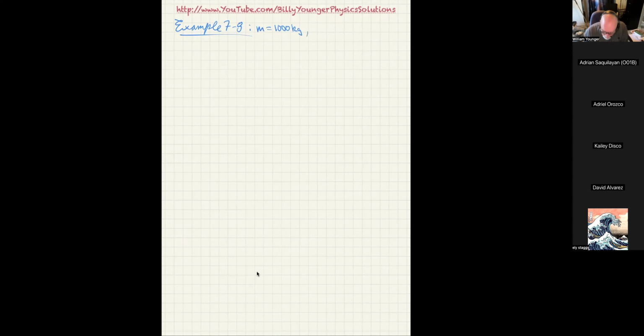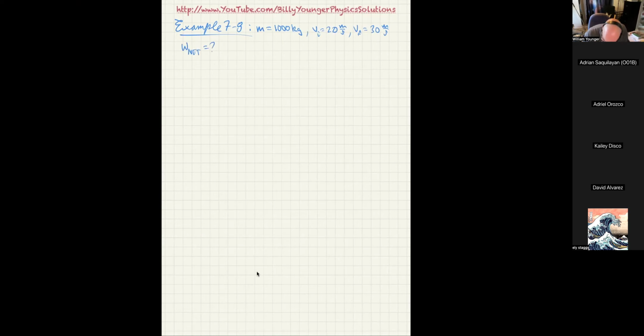I know that the initial velocity is equal to 20 meters per second, and I'm going to treat that as if it's 2 sig figs. And I know that the final velocity is equal to 30 meters per second, and I'm going to treat that as 2 sig figs as well. And again, what they want to know is what is the net work done.